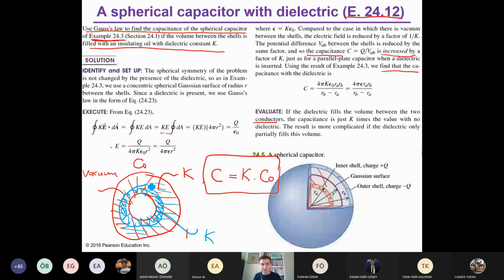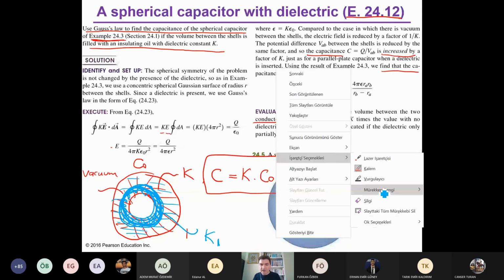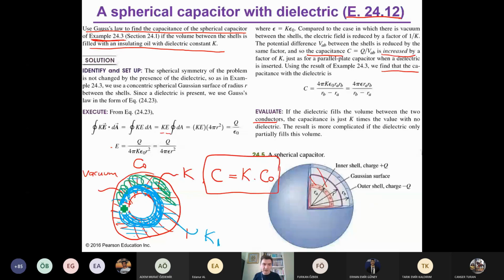Or half of the gap is filled with a dielectric with constant K1, and the other half of the gap is filled with another dielectric material with dielectric constant K2. Then what about the final capacitance of the system?